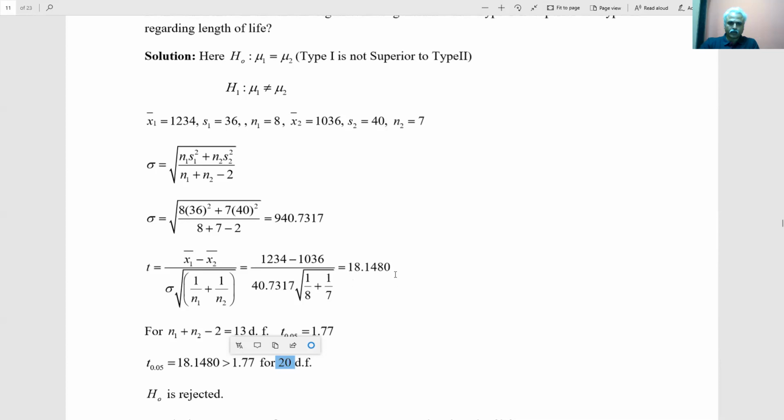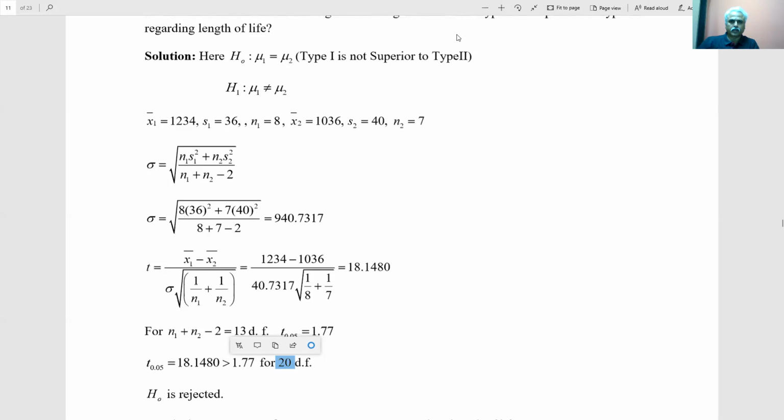Since the calculated value is greater than 2.18, I'll show you what should be written exactly.